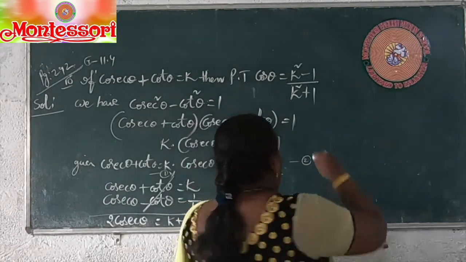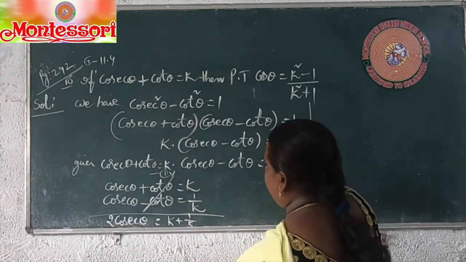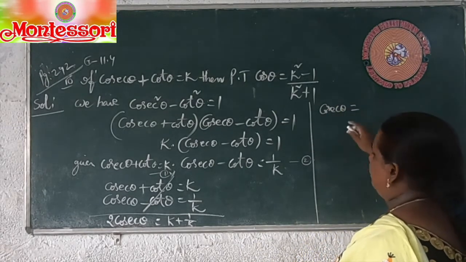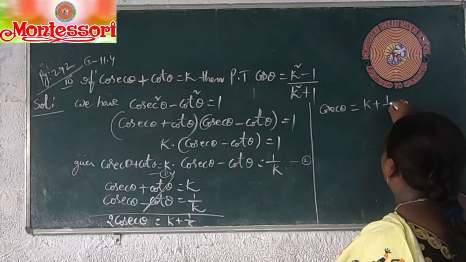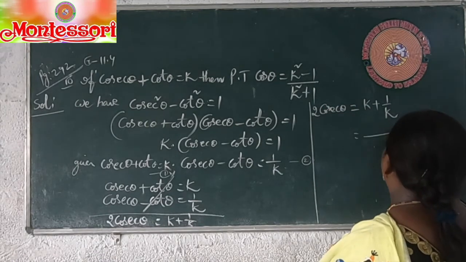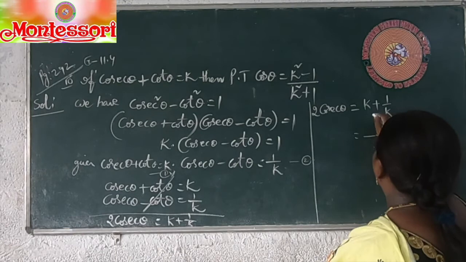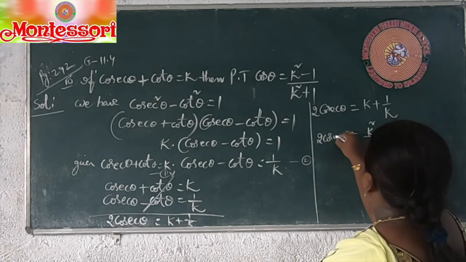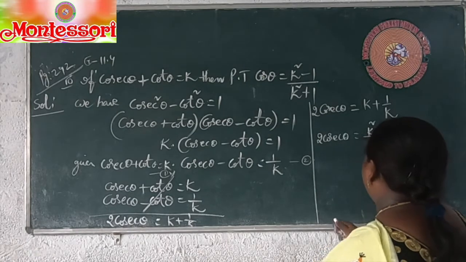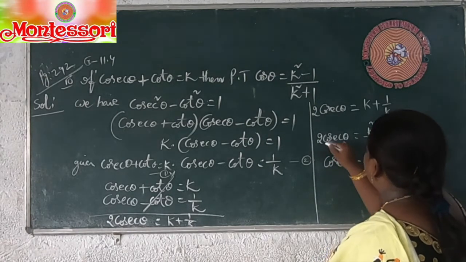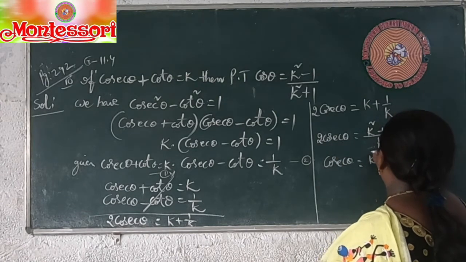Now if you simplify, cosec theta is equal to (k plus 1 by k) by 2. Now LCM is k: k into k square plus 1. So 2 cosec theta is equal to (k square plus 1) by k. I want cosec theta, so the 2 you bring to the denominator side.